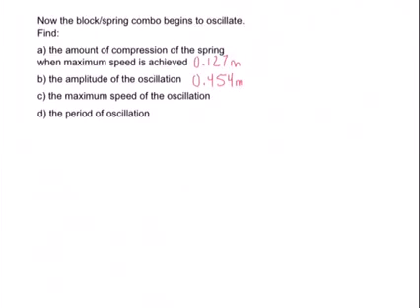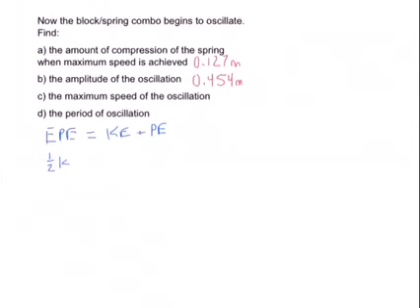And our reference value, when we use conservation of energy to solve this, we should have, when the spring is completely compressed, only elastic potential energy if we take that point to be our reference point for measuring height. So our conservation of energy equation is going to say this. Elastic potential, when the spring is at max compression, is equal to the energy at the equilibrium position, again where max speed is achieved, that's what we're solving for. We have KE there, and we have gravitational potential energy there.